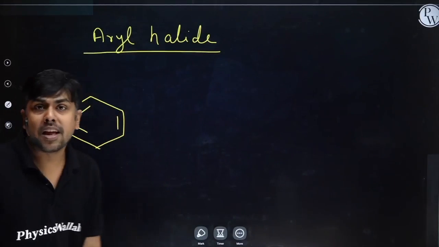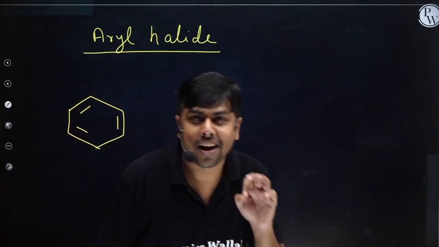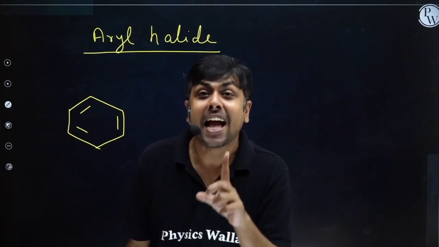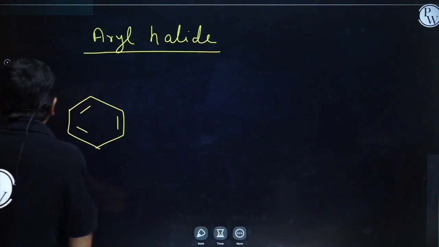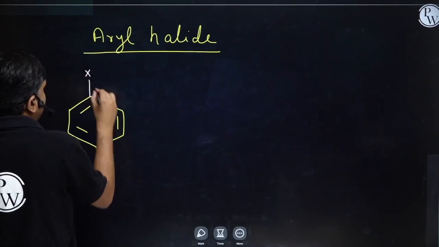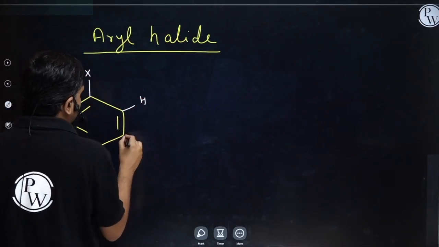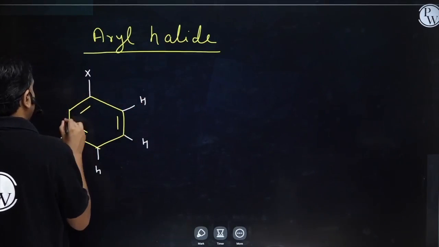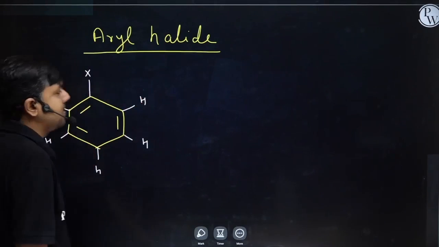On each carbon there is one hydrogen. In aryl halide, you need to simply replace one hydrogen with halogen. On every other carbon we have hydrogen. This is the structure of aryl halide, or we say haloarenes.